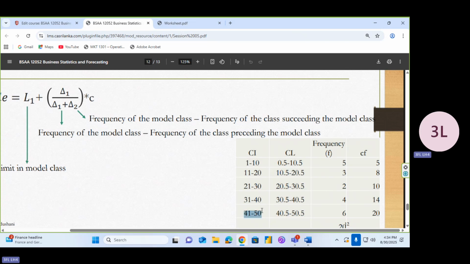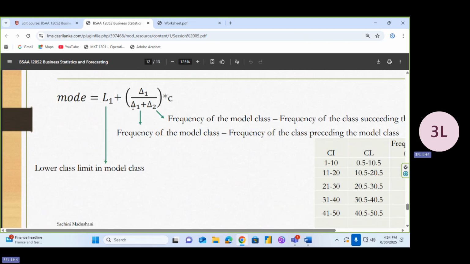This is the modal class, what is the frequency? 6. What is the preceding class interval? 31 to 40. What is the frequency? 4. Then we take the difference between these two. What is the answer? 2. Understood? Then delta 1 is 2.